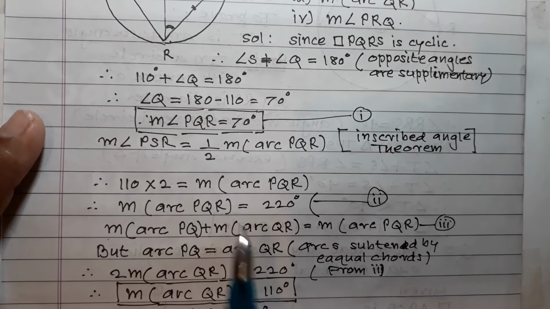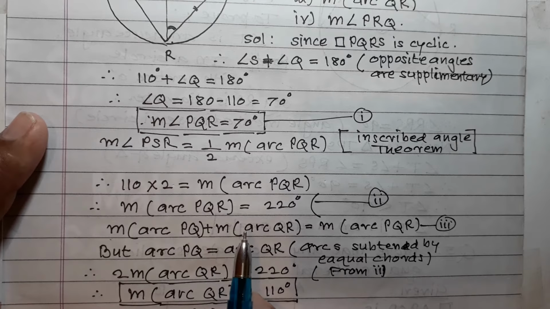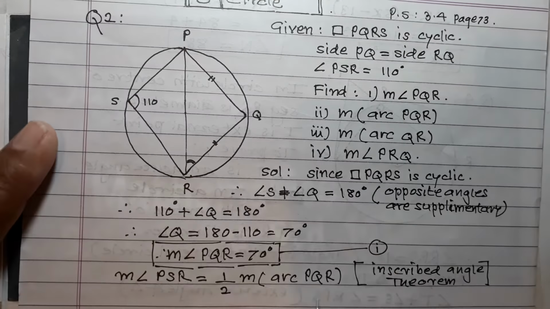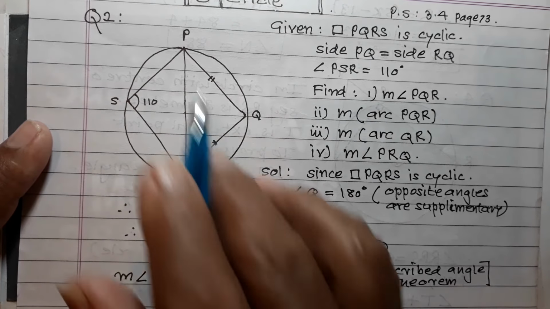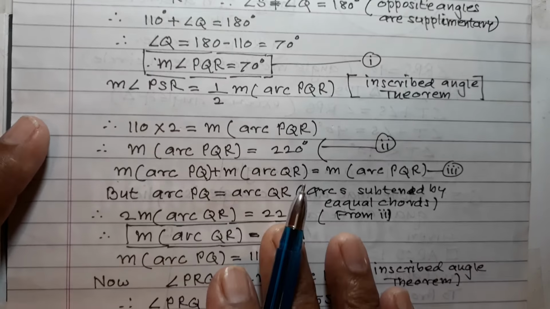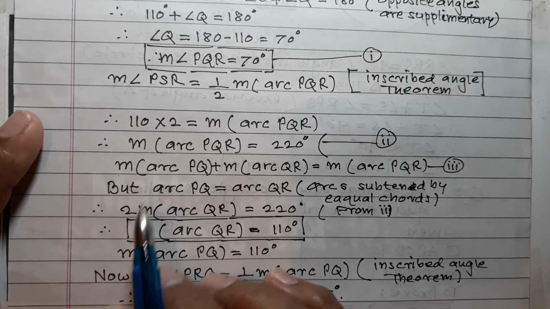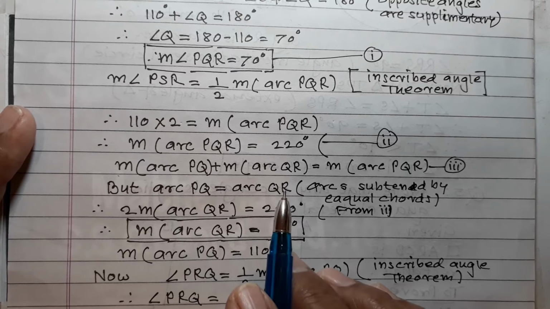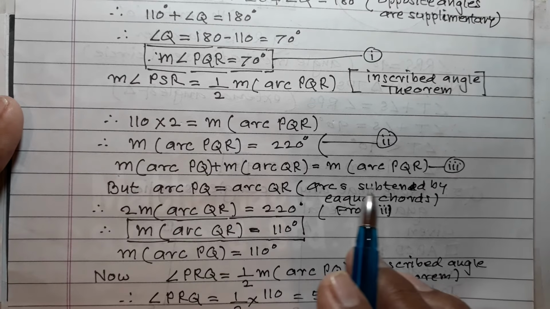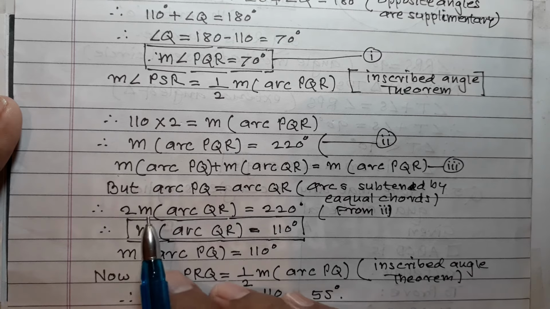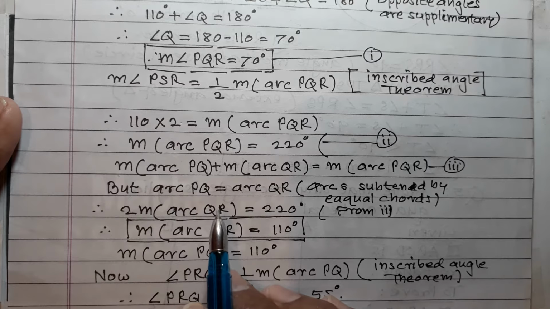Then major arc PQ plus major arc QR is equal to major arc PQR. So this plus this is equal to this arc, but arc PQ is equal to arc QR, arcs subtended by equal chords, and therefore twice arc PQ.